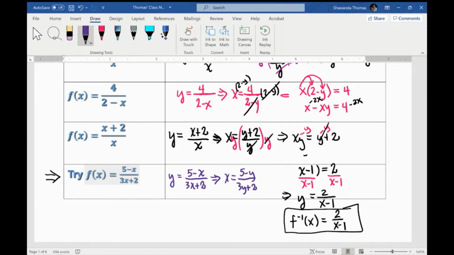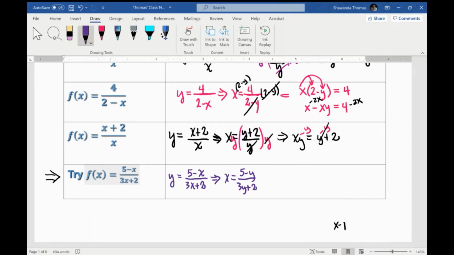Someone other than Monisha, Nakiria, Kenneth, and Alicia, tell me what we should do next. Multiply by 3y plus 2.